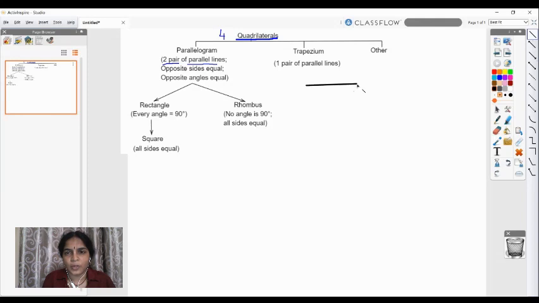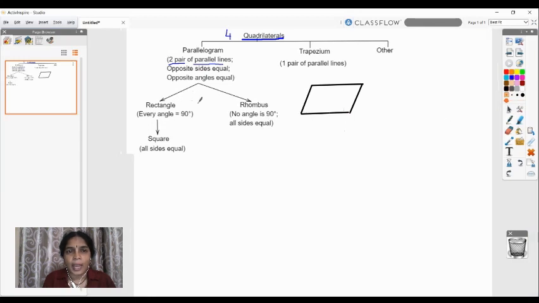Two lines parallel to each other. Okay, and I also have another two lines which are parallel to each other. So what happened? Totally we have four lines and there are two pairs of parallel lines.